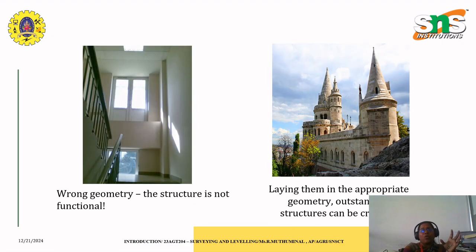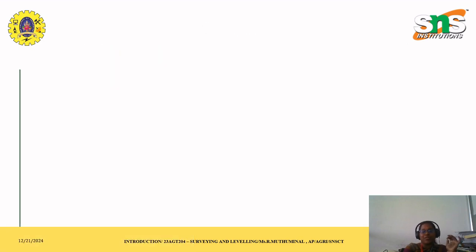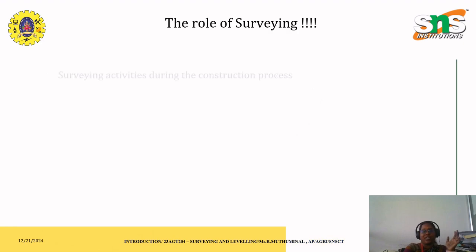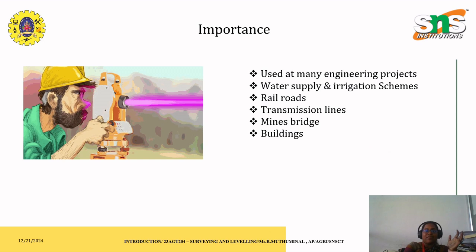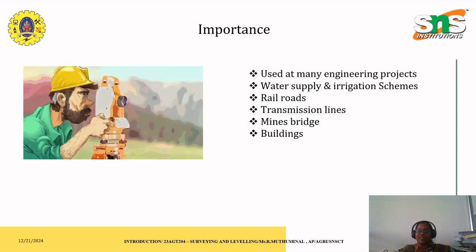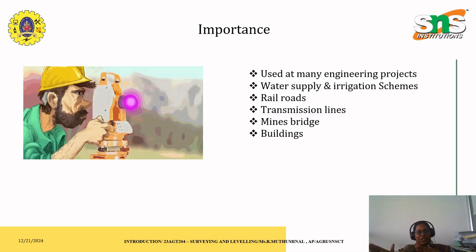Now we'll see why it is important and what the main objective and principle of surveying could be. The importance of surveying is that it is used in many engineering projects. It is not only used for irrigation schemes and water supply, or only for agricultural engineering students.